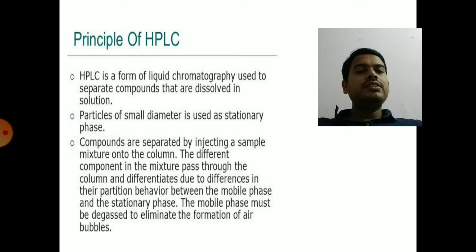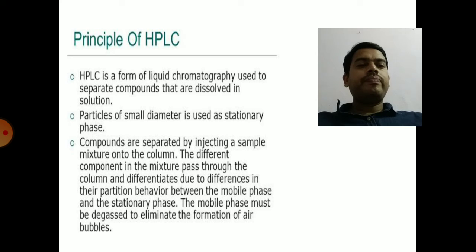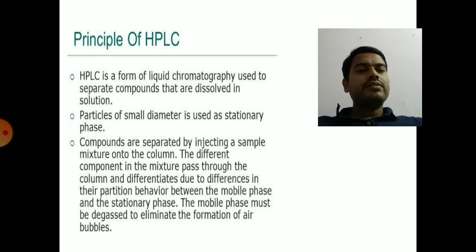For accurate results, we will increase the length of the column. So if you increase the length of the column and use some pressure, the retention time can be decreased because of the pressure, and due to the length of the column, you can separate the solute particles accurately.